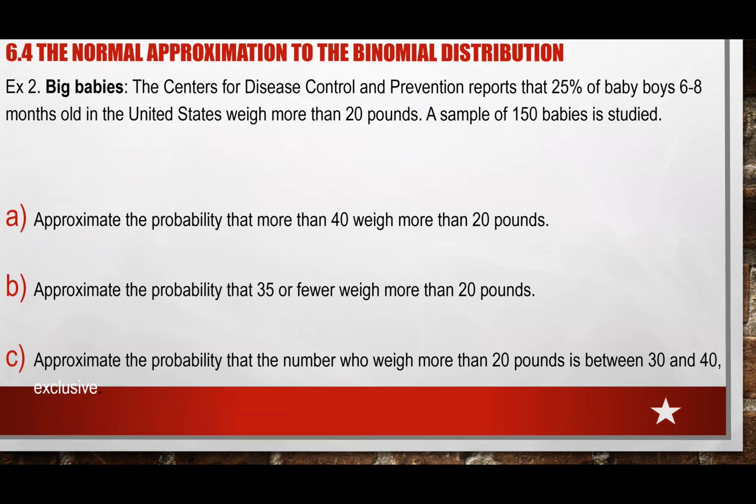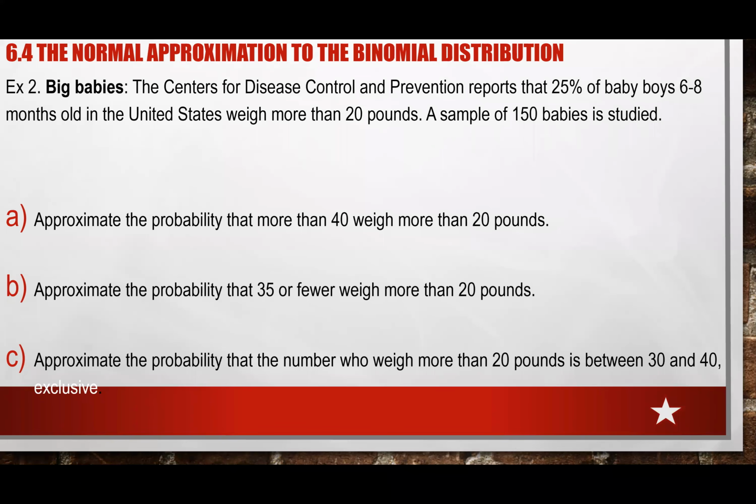Let's put this in a real situation, right? So example 2, the name is Big Baby. The CDC, which is the Centers for Disease Control and Prevention, reports that 25% of baby boys between the ages of 6 and 8 months in the United States weighed more than 20 pounds. A sample of 150 babies is in the study.